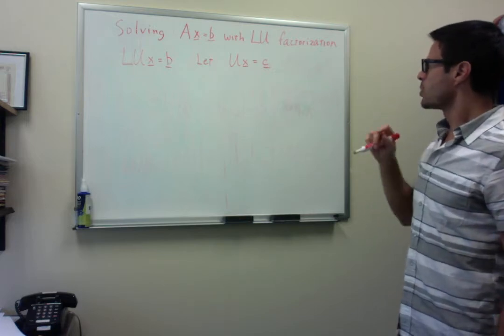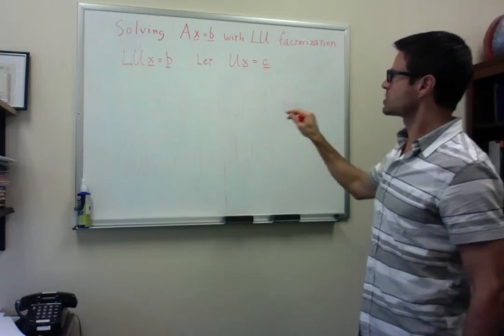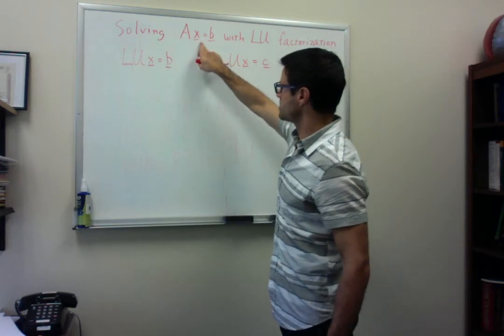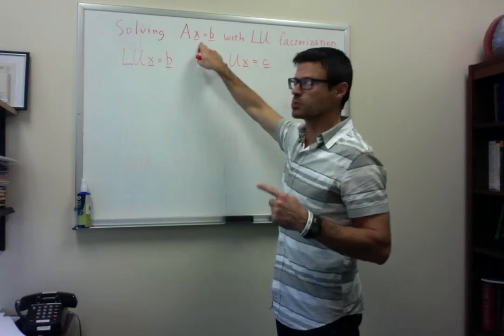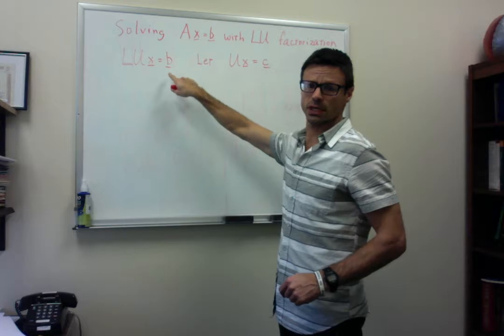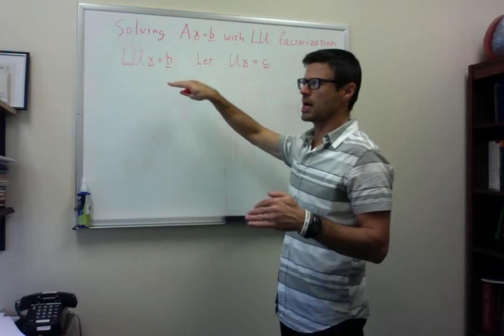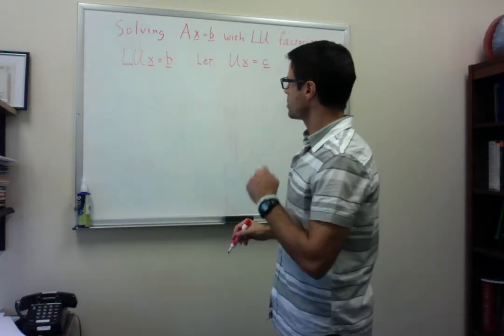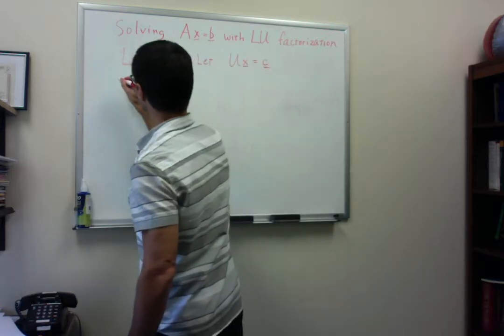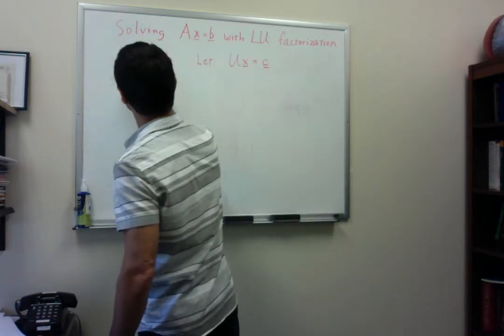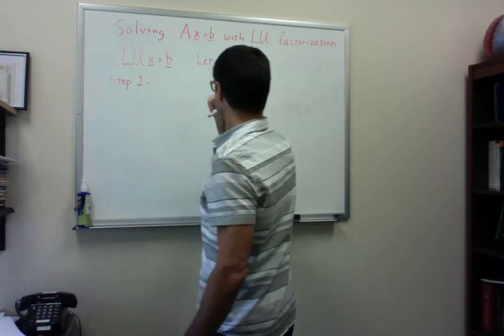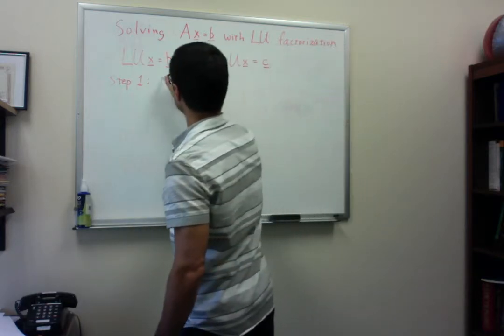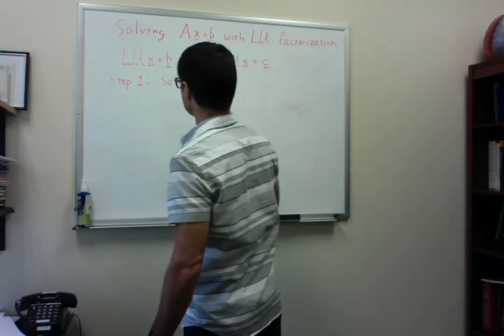Okay, we can basically turn solving this linear system Ax equals b into a two-step process with the LU factorization. Okay, and I'll explain later why we might want to do that. So as a first step, step one is to solve the system.